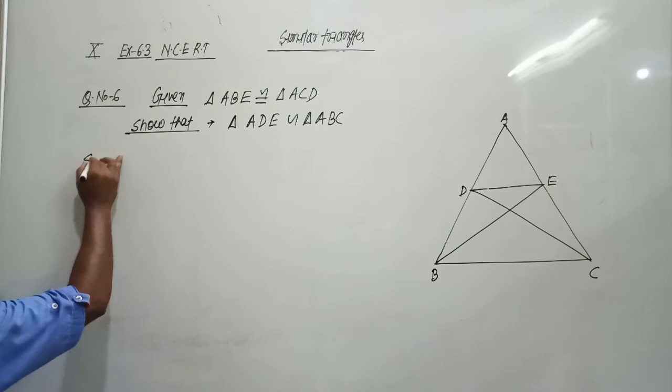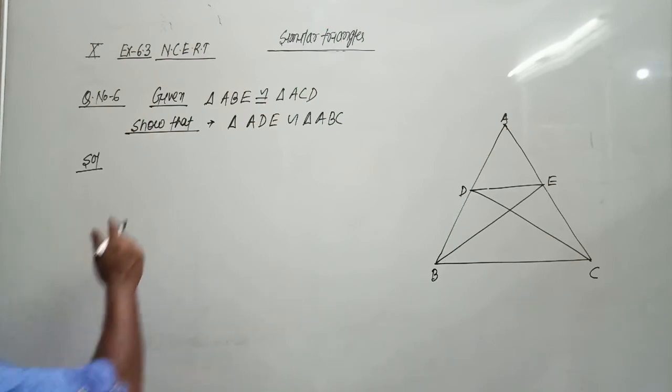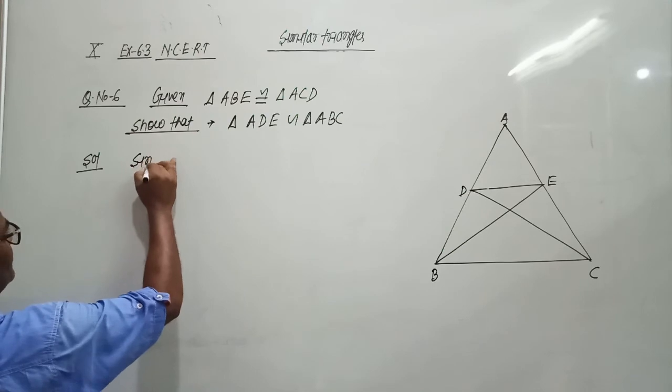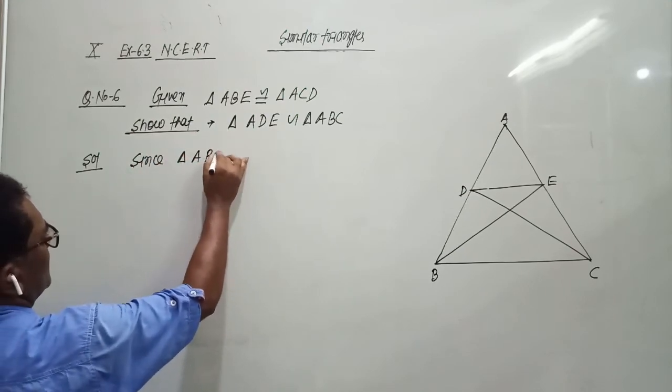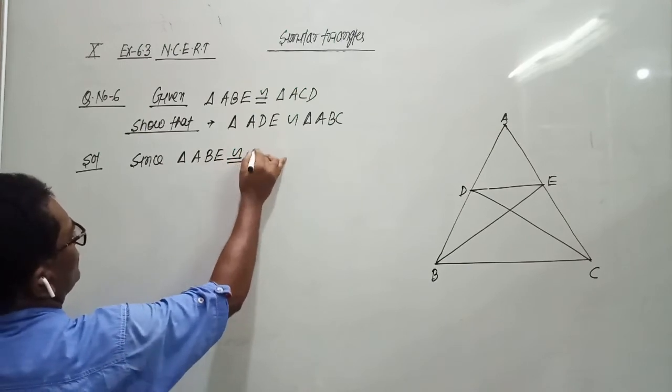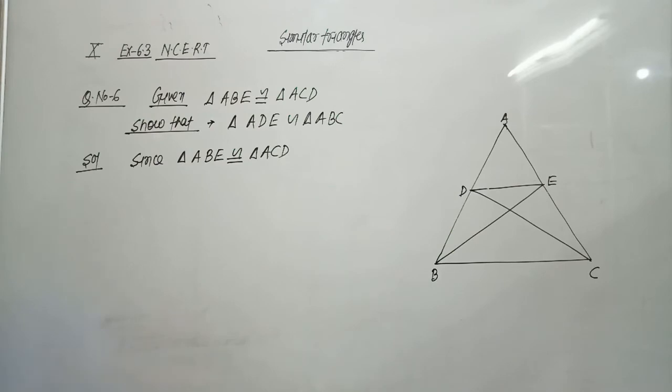So let us say, since triangle ABE is congruent to triangle ACD, then their corresponding sides are equal.